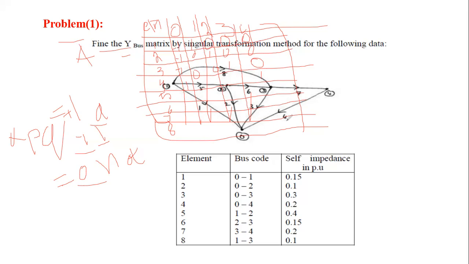The fourth element is towards the 0 node. Towards means -1. And the fourth element is away from the fourth node. Away means +1. The remaining all we consider as zeros.